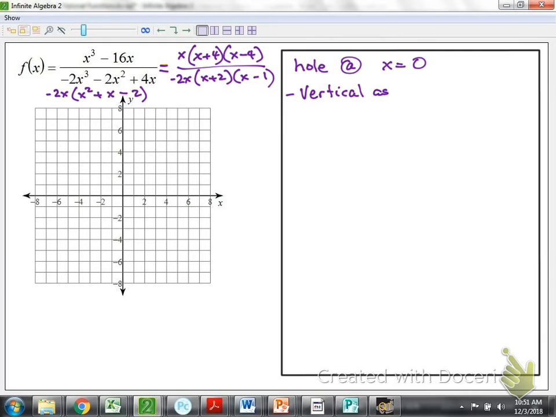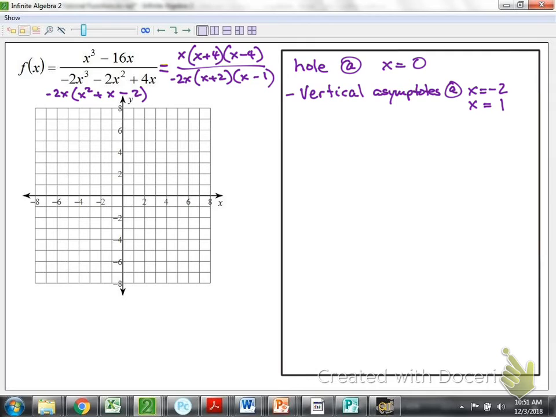Vertical asymptotes. Values that only make the denominator 0. X equals negative 2 and x equals 1. Okay?